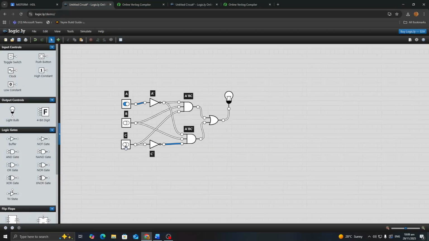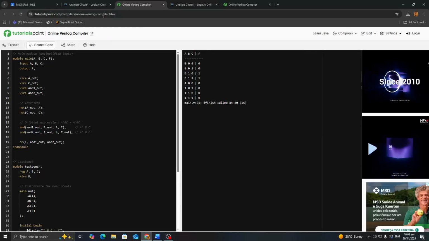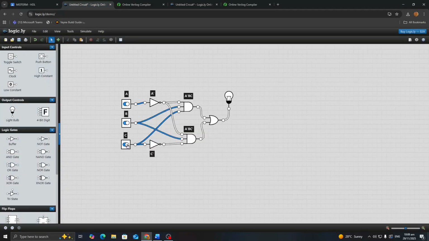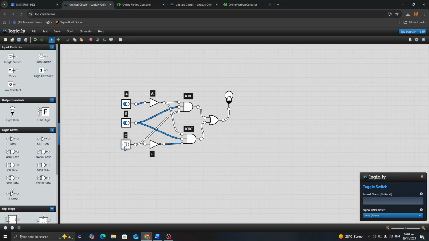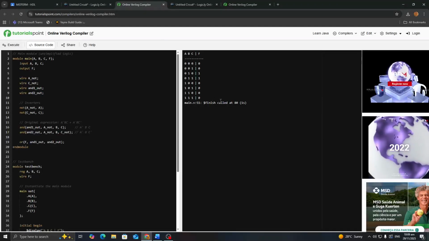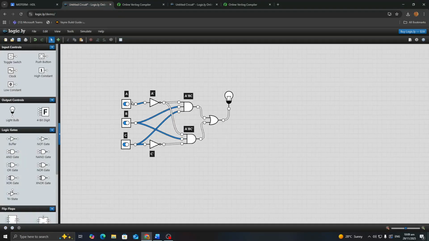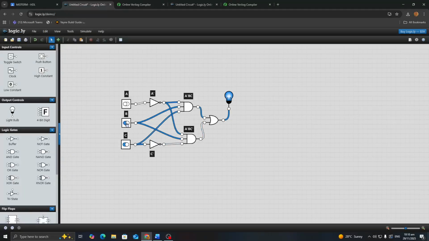Now, how about A and C? A and C is still off, and A and B still off, and if A, B, and C are all on, the light is still off. Now, as we can see here, it's only on if and only if this is the combination we have.